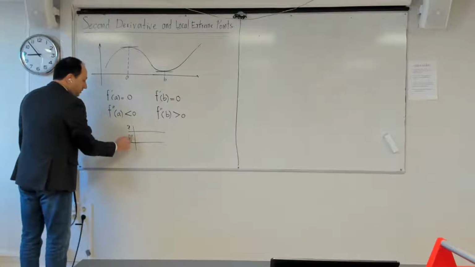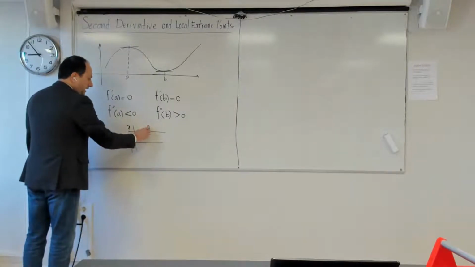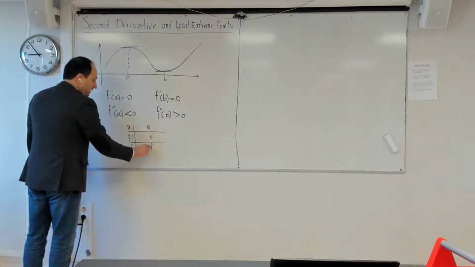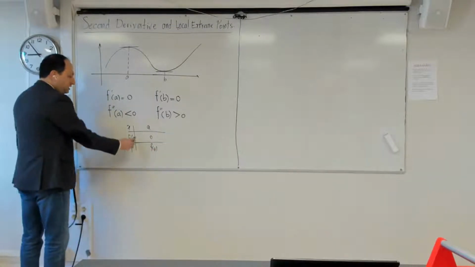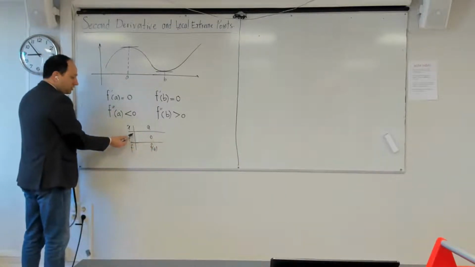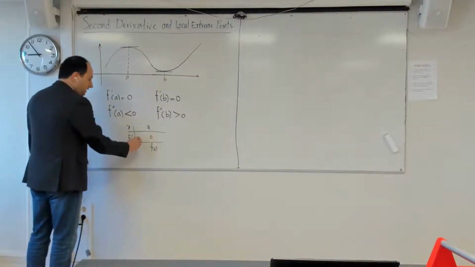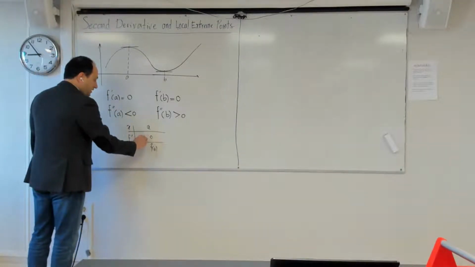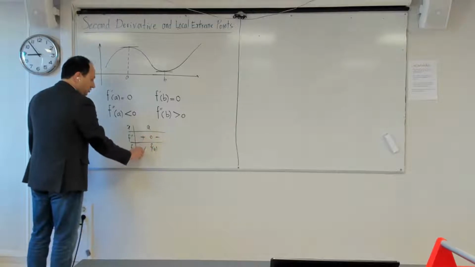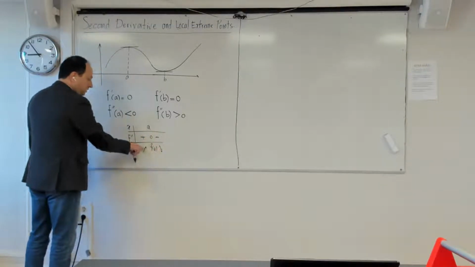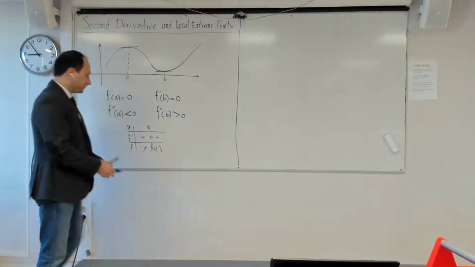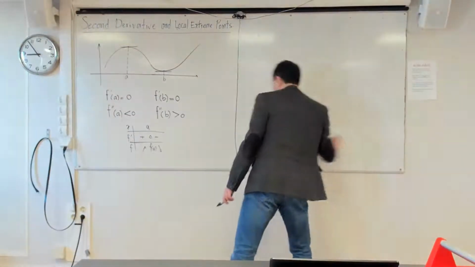X, f prime, and f, and then you had A, where the derivative is 0, f of A. Then you started checking the positiveness or negativeness of this f prime, and then you realize, for example, if this is positive, negative, it goes up, it goes down, it becomes a maximum.